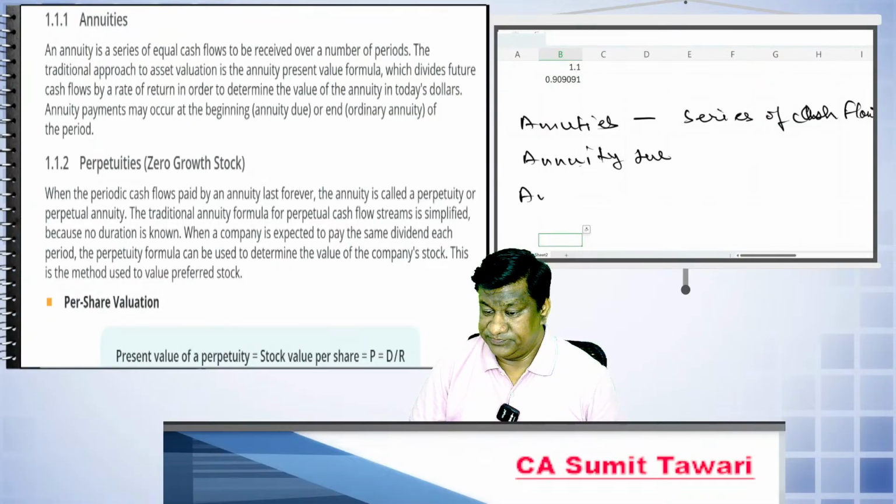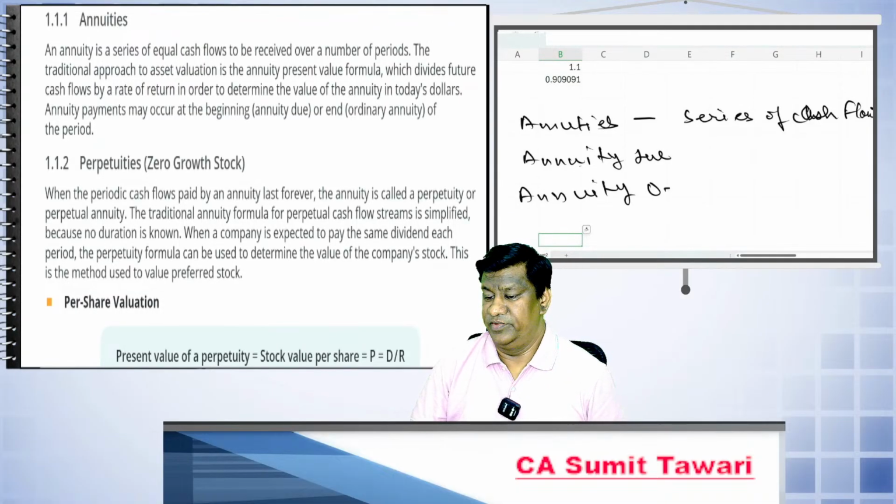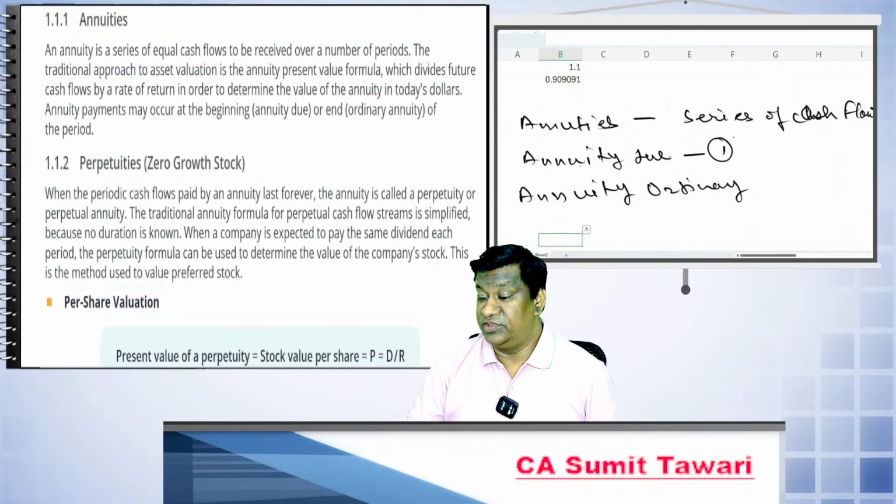Now there are two words, annuity due and annuity ordinary. In annuity due, in the first month itself or first year itself, you are receiving the first installment, or you need to pay the first installment.